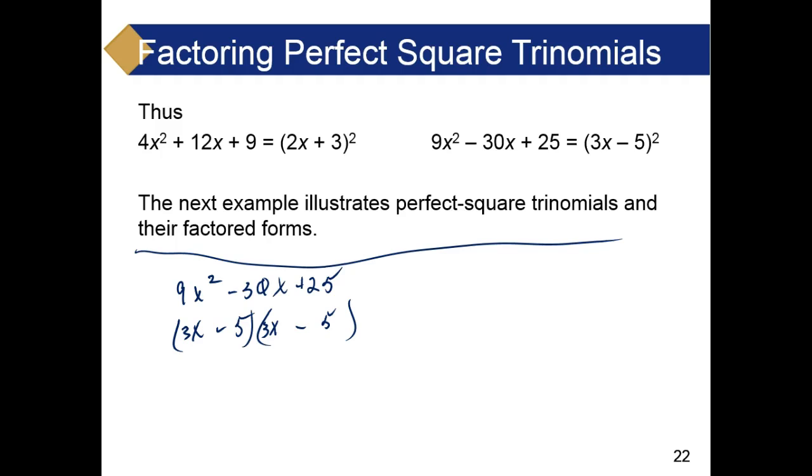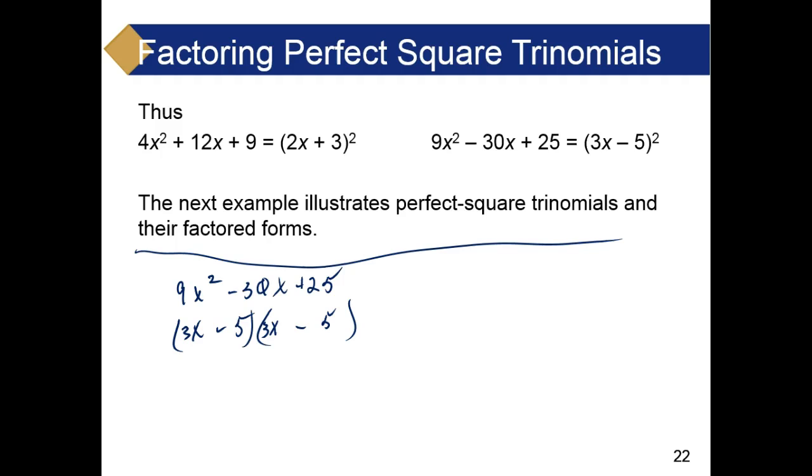Since we wrote it this way, you can foil it and see if that works. 3x times 3x is 9x squared. That's good. Minus 15x is minus 30x, and then plus 25. Yes, that works. If we just wrote it down as a square of a binomial, which this is, we could have just said square the first term, twice the product of these two, square the last.